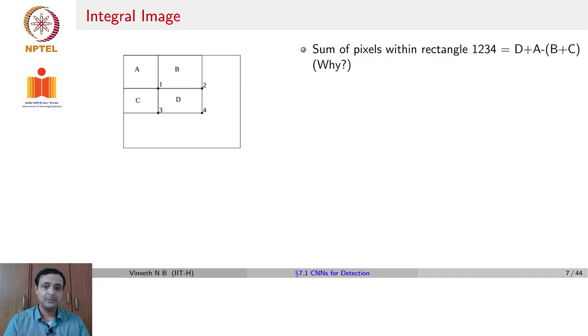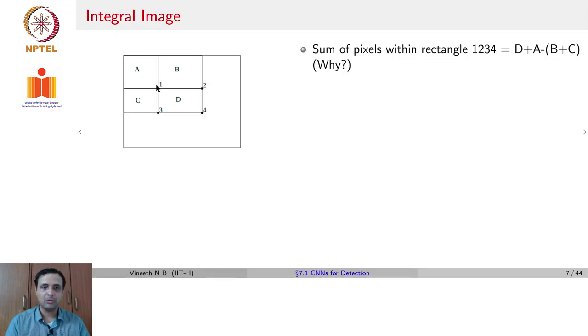Let's actually now see how the integral image can be used in particular for Haar filters. Let's assume now that we want to find the sum of the pixel intensities inside this rectangle defined by 1, 2, 3, 4.